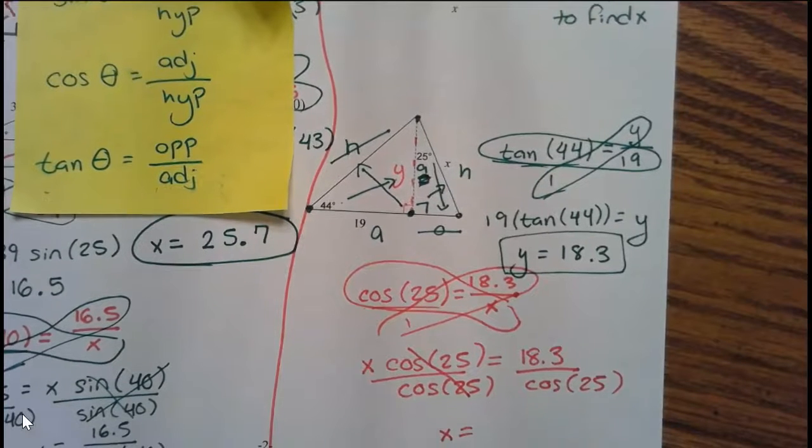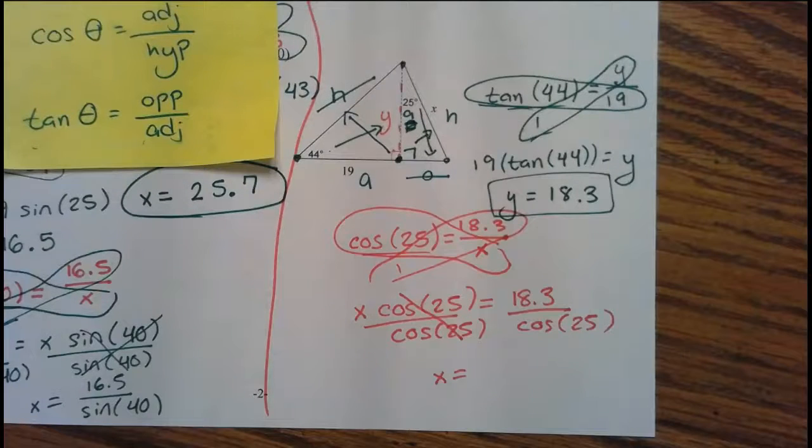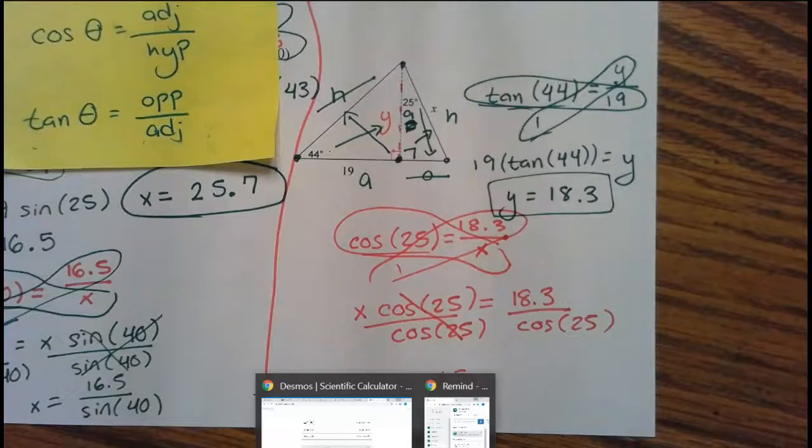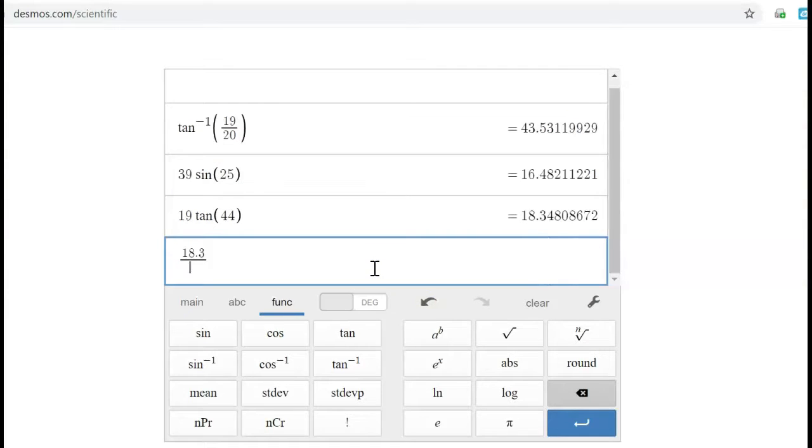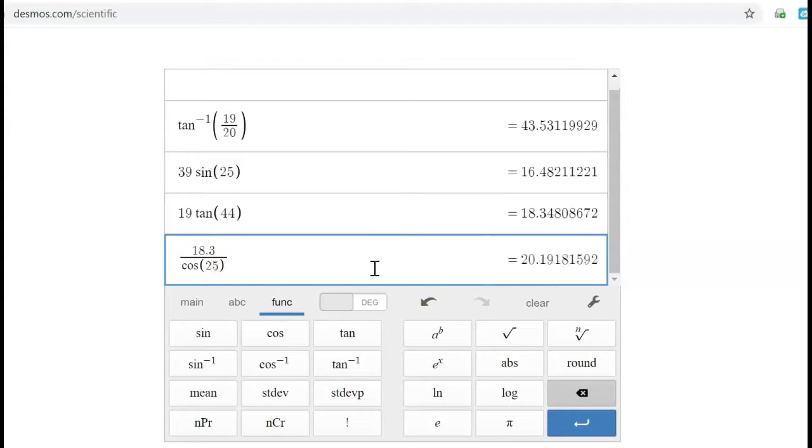And we just got to type that into the calculator. So our answer there is 20.2, or 20 2/10.